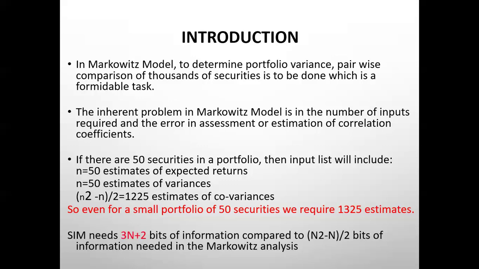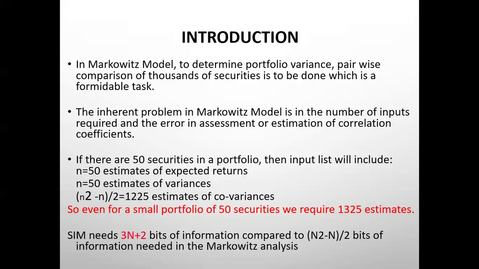So basically, for comparing all the securities in a small portfolio of 50 securities, we require 1325 estimates in the Markowitz mean variance model.